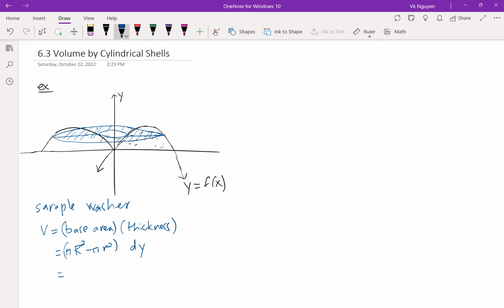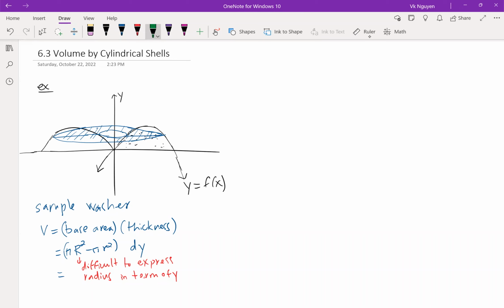And this can be a problem because if you look at this function, sometimes we cannot fully express the radius in terms of y.